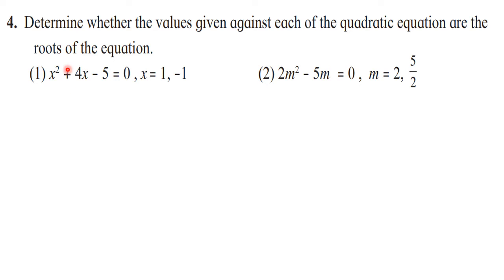If LHS is equal to RHS, then we can say that the value given against the variable is the root or the solution of the equation. That means we have to only evaluate LHS and compare it with RHS. If they both are equal, then and only then the value is the root, otherwise it is not a root.